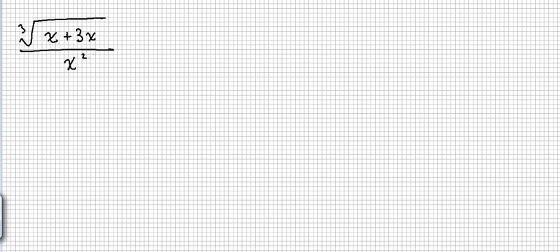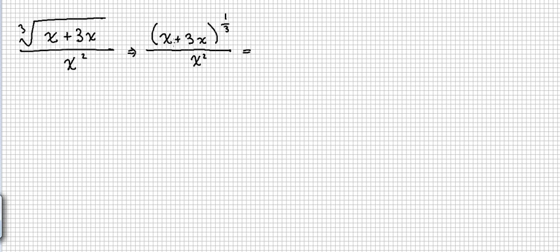Okay, now we don't have our exponents raised to everything. This root only encapsulates the top part, so we want to make that clear. The first thing we usually do is rewrite our roots. So we'll have x plus 3x to the 1/3 over x squared.